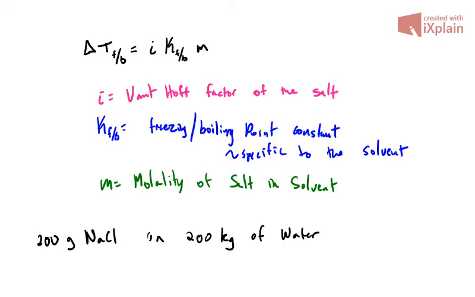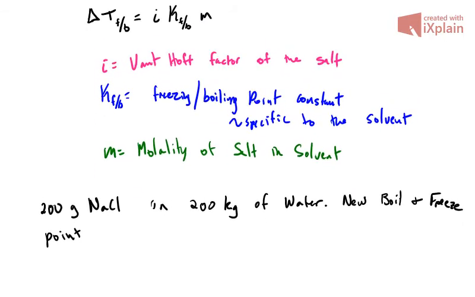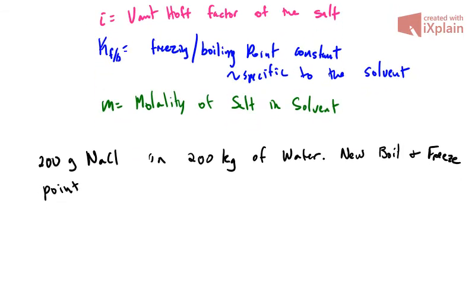Okay, 200 grams of salt and 200 kilograms of water. Now, I want to know the new boiling and freezing points. I'm going to have two calculations here. The first one, we'll do different colors.